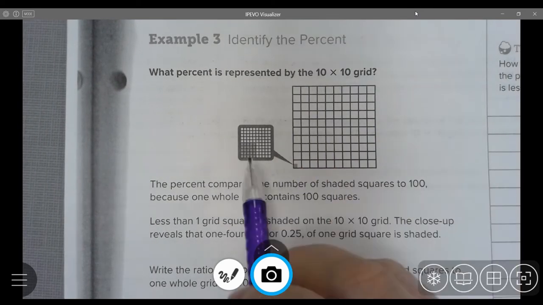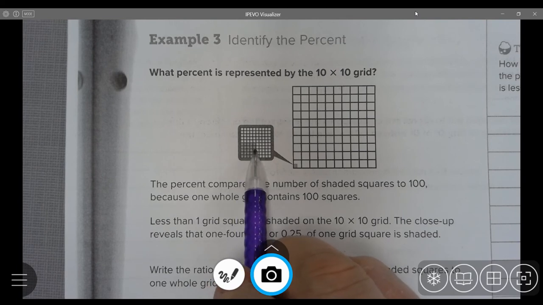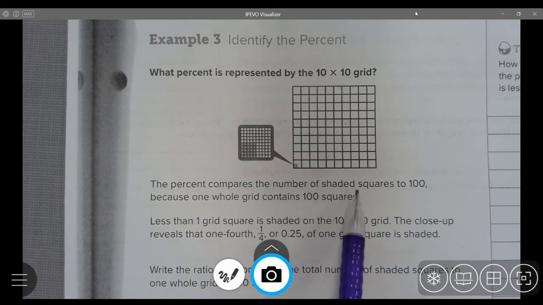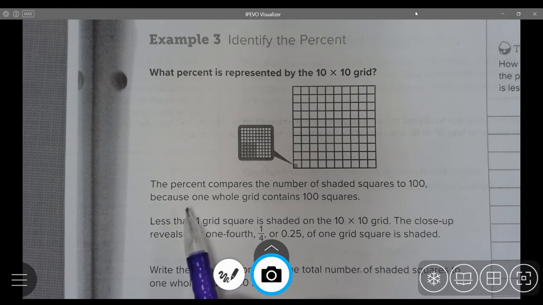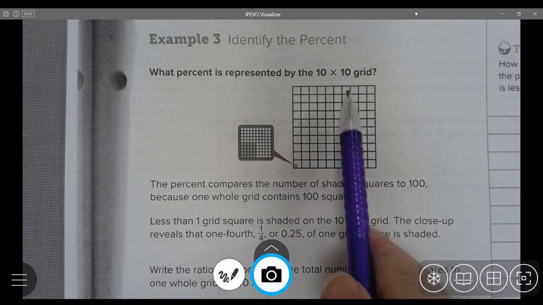So we have 1, 2, 3, 4, 5, 10, 15, 20, 25. The percent compares the number of shaded squares to 100 because one whole grid contains 100 squares. This 10 by 10 grid is 100 squares.